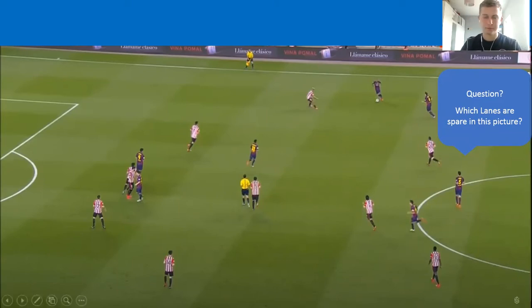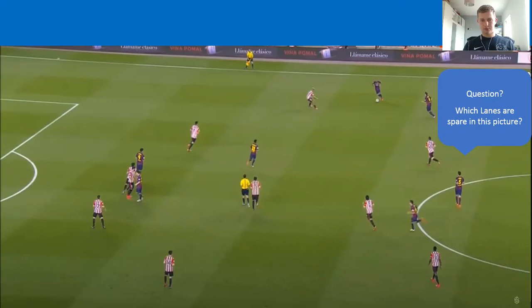Delson says 1 and 5. Janae, lane 4. Patel, 1, 3 and 4. 1 and 4. Sol says 1.